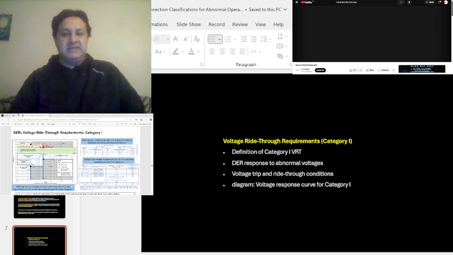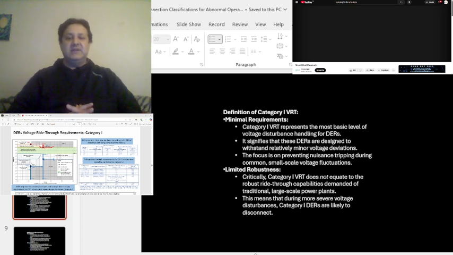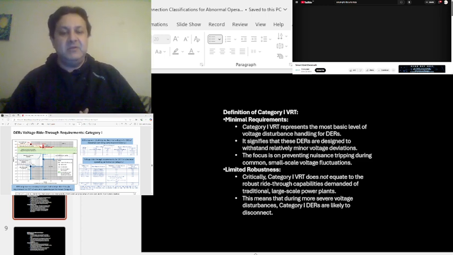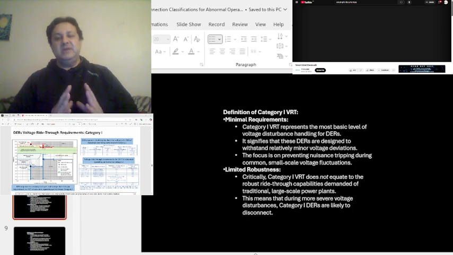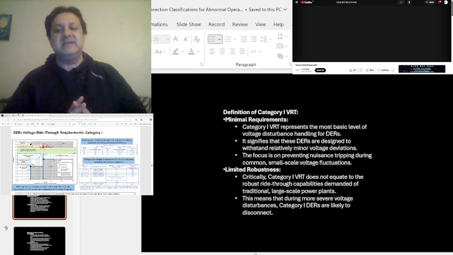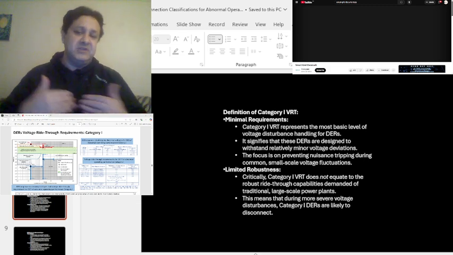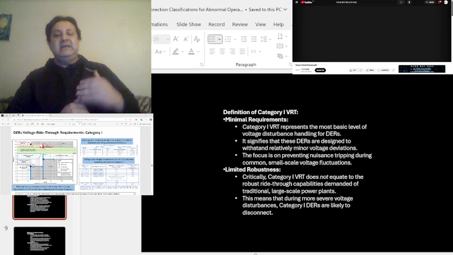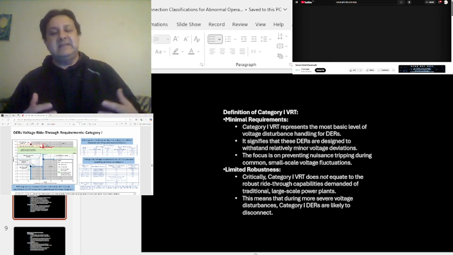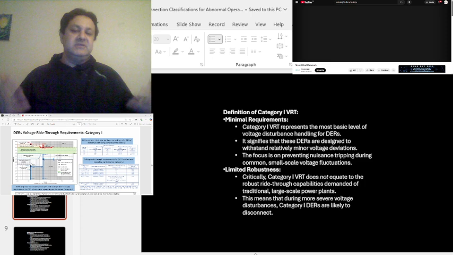So in this case, we will be talking about category 1 VRT. Minimal requirement is category 1 VRT. It represents the most basic level of voltage disturbance handling of DERs, which is very minimum or in the beginning. It signifies that these DERs are designed to withstand relatively minor voltage deviations, not huge deviations.